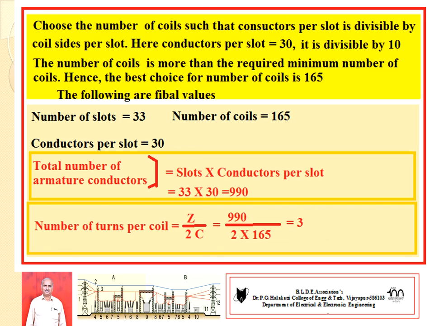So lastly we have to estimate number of turns per coil, that is total number of turns divided by total number of coils. So total number of turns equal to Z by 2, total conductors divided by 2, divided by total coils. Z by 2 is total turns, C is number of coils. So substitute the value directly. Finally we are going to get 3.